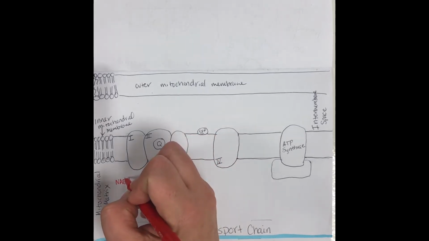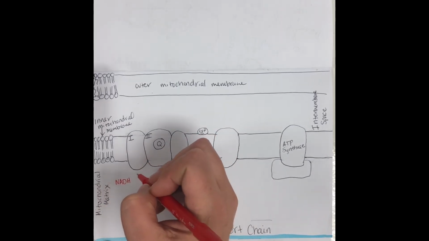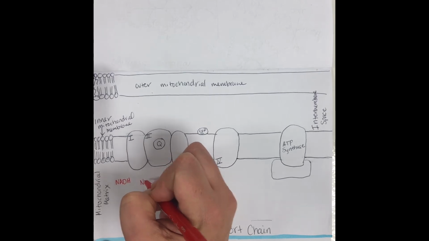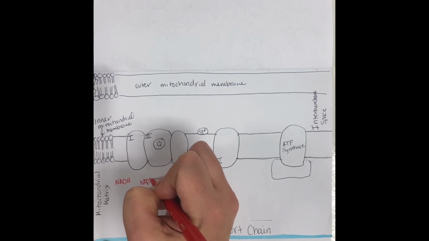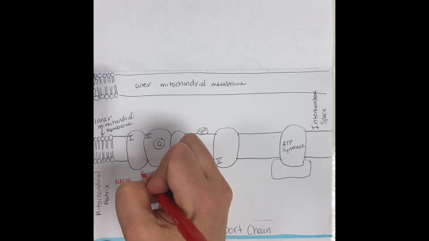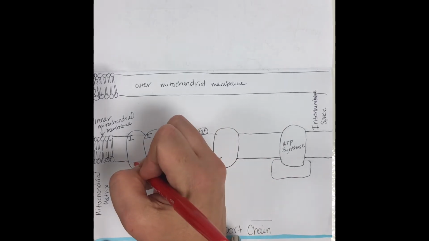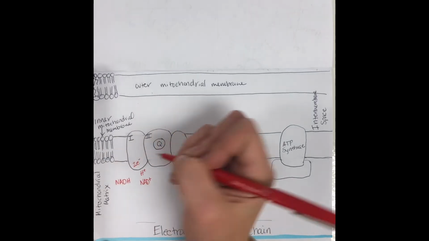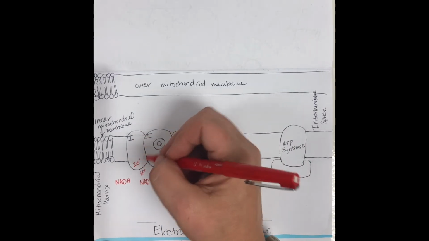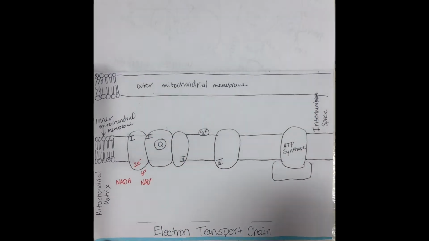And what's going to happen is he is going to break into his NAD+, his hydrogen ion, and release 2 electrons into this transmembrane protein complex 1.